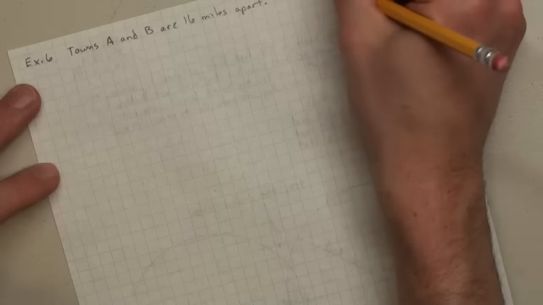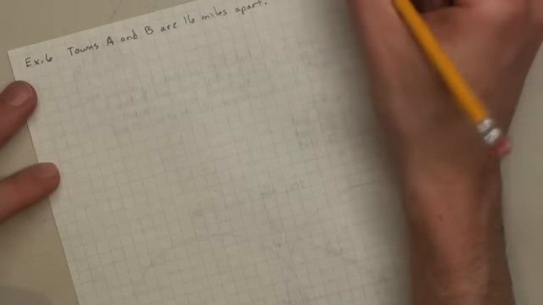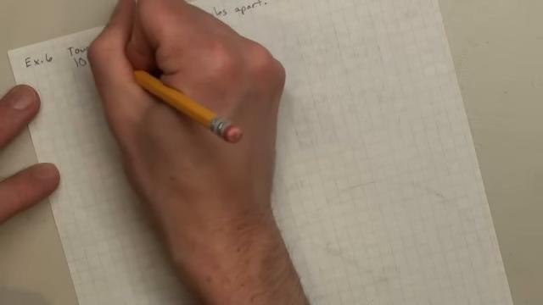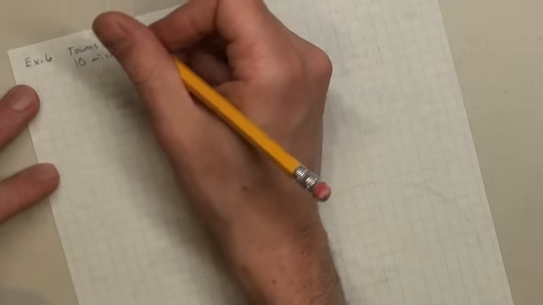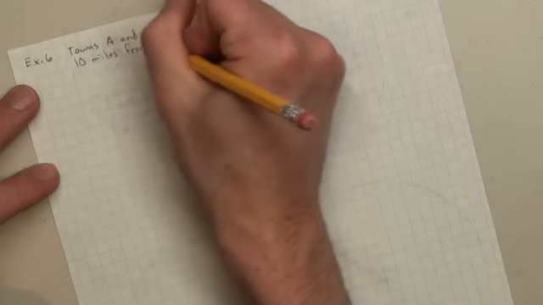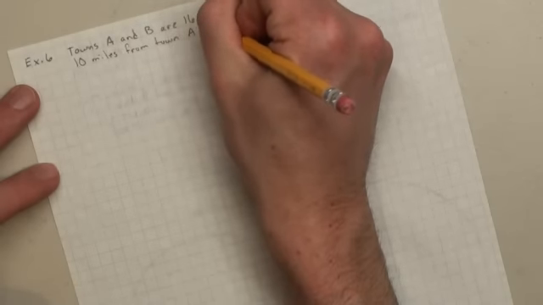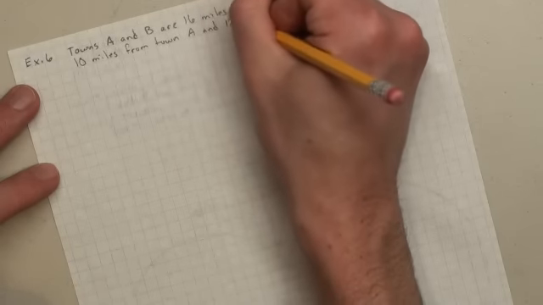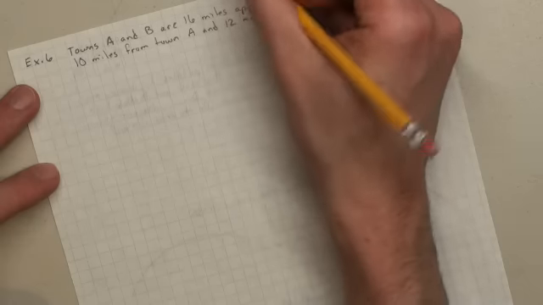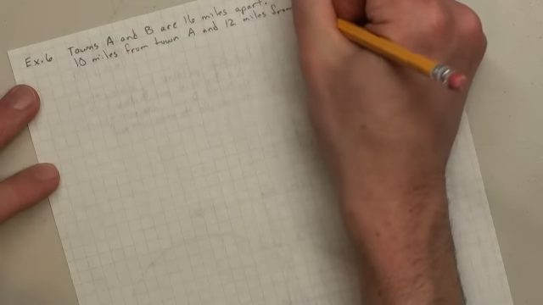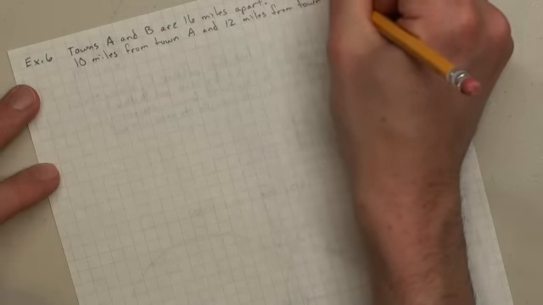How many points are 10 miles from town A and 12 miles from town B? Okay, so what we need to do for this one is draw a picture.